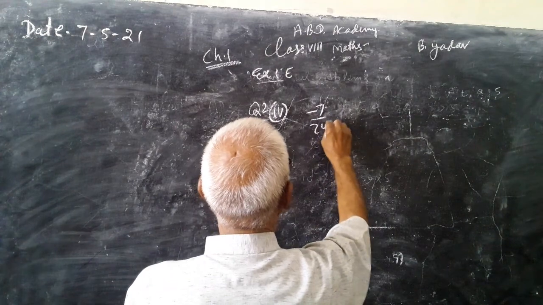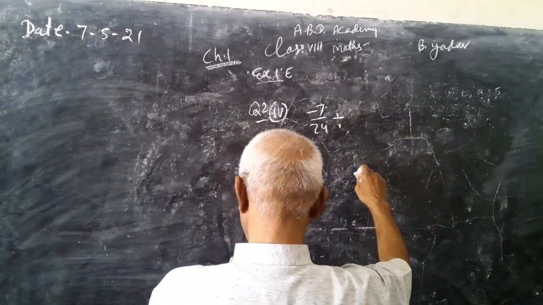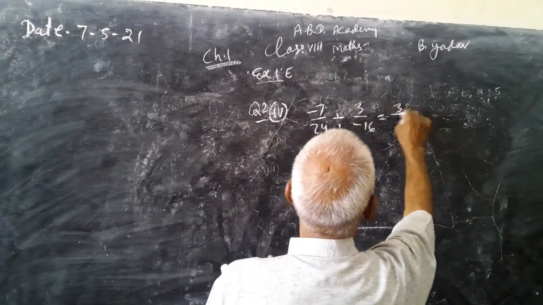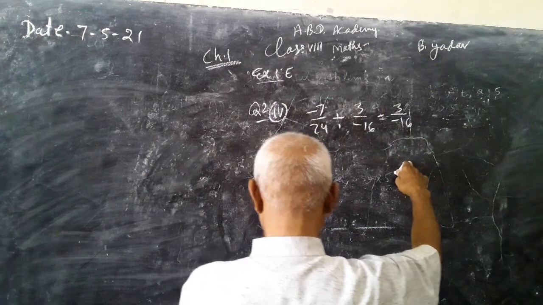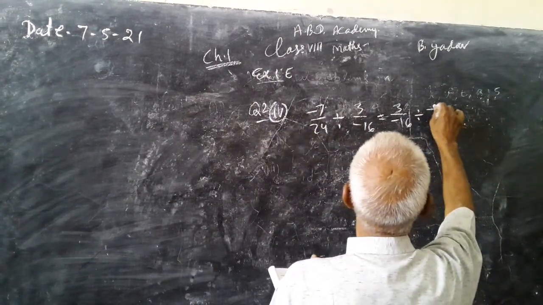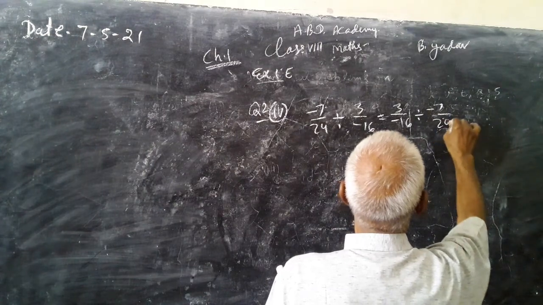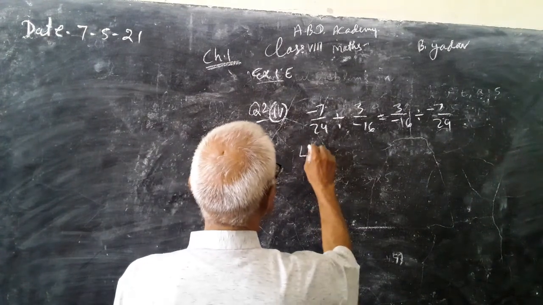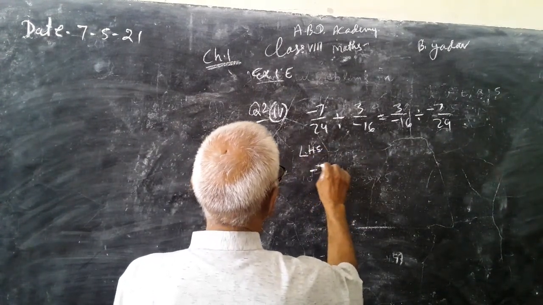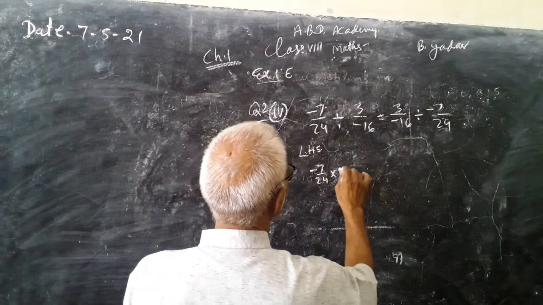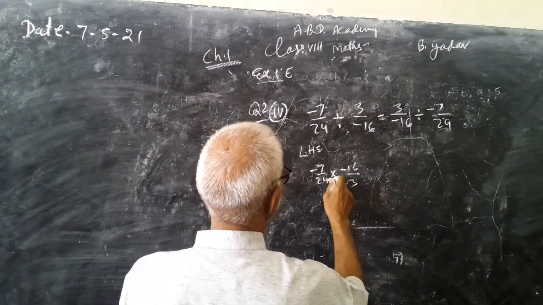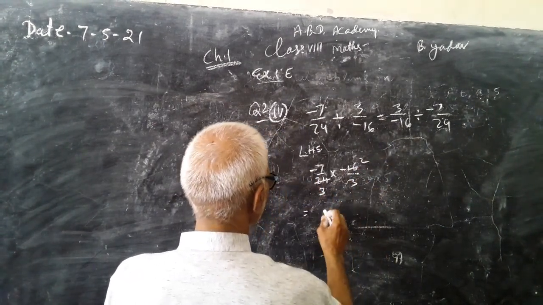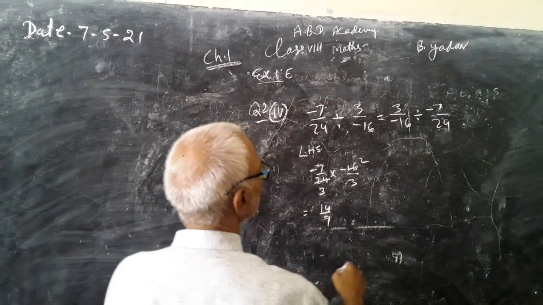Minus 7 upon 24 divided by 3 upon minus 16 is equal to 3 upon minus 16 divided by minus 7 by 24. It will come false, certainly. Left hand side is equal to minus 7 by 24 into minus 16 by 3. Cut it. 8 3s, 8 2s, minus minus plus, it becomes 14 by 9.